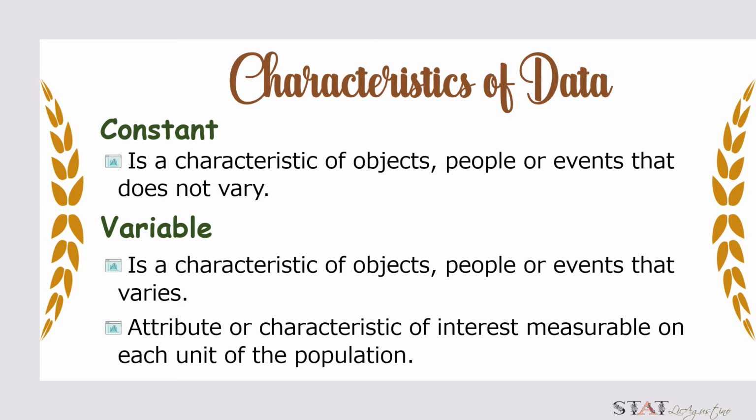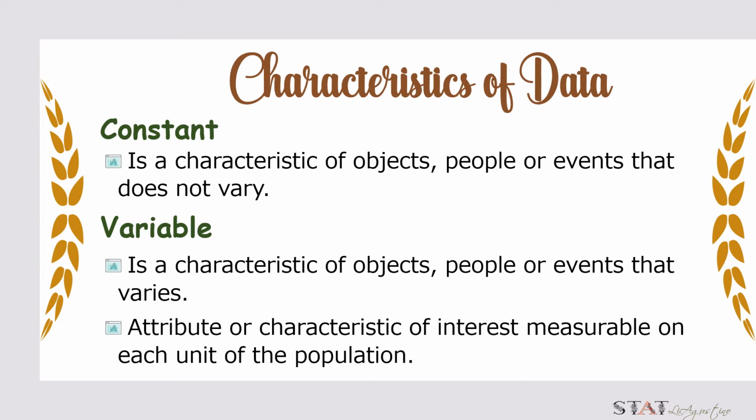Another example for variable is gender. Of course, gender is a variable because I'm a girl and you can be a boy. So it varies between people. And also academic grade. For example, you've got the grade of 95 in statistics and some would get 91 and some would get 96. So this academic grade in statistics is a variable in numeric form.